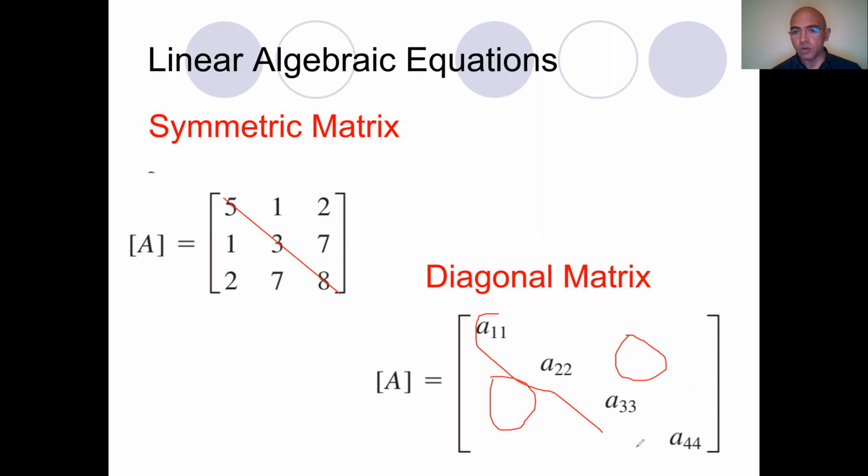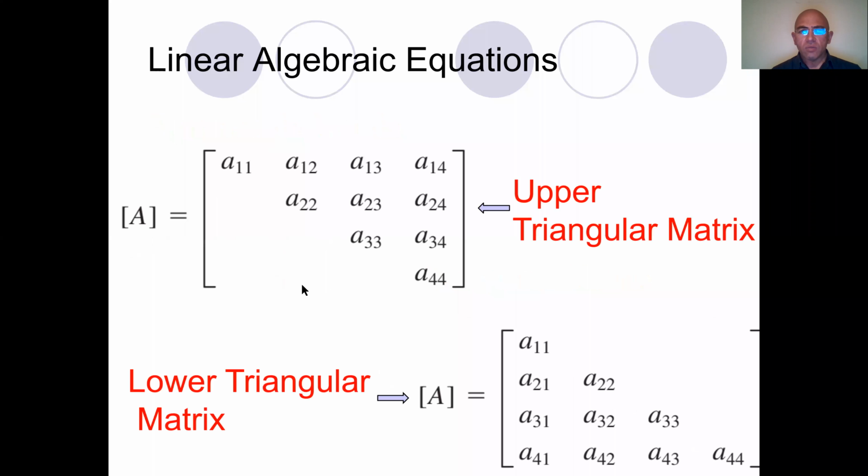Such a matrix is called a diagonal matrix. Now, inversion of such a matrix is quite easy and simple. You just need to take 1 over the value on the diagonal. We will see it in detail.